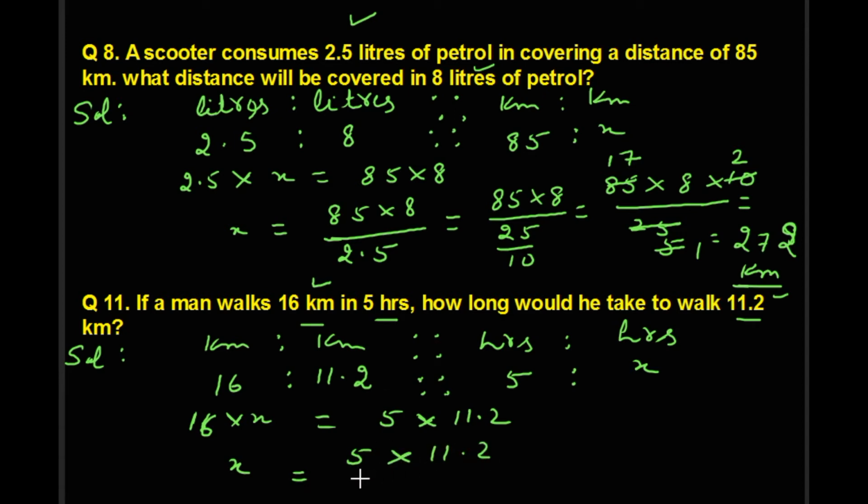So x would be 5 multiplied by 11.2 upon 16. 16 ones are 16, 16 sevens are 112, one decimal place, so we will put the decimal after one decimal place. 7 fives are 35. So 3.5 hours, or he will take 3 hours 30 minutes.